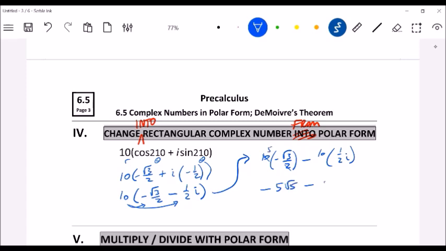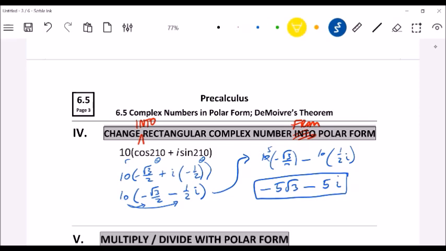And 2 goes into 10 5 times, so we have, oops, I wrote 5 here, what it should be a 3. Minus, so negative 5 root 3 minus 5i.